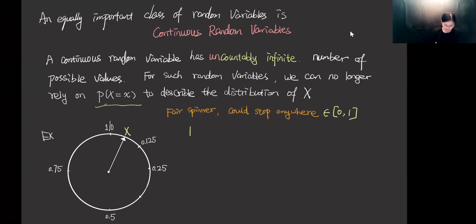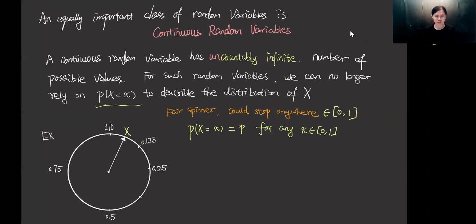So the probability that X equals little x is the same for any x on the circle, say P. Right, so that comes from our assumption that the spinner is a fair spinner. And that intuitively tells us that the probability that X falls on any point on the circle is the same.